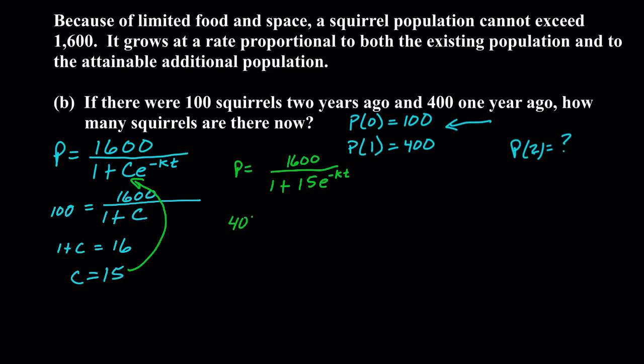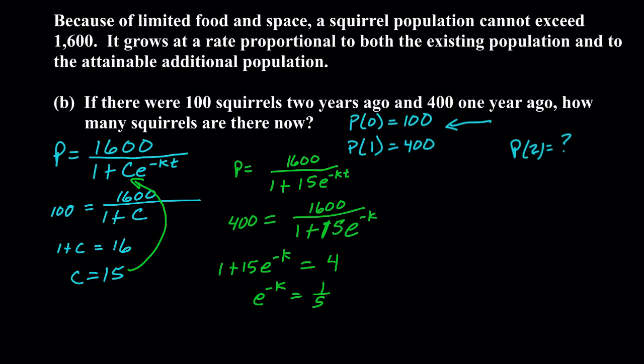So that's going to give us 400 is equal to 1,600 over 1 plus 15 e to the negative k times 1, which is negative k. All right, so solving, we're going to get 1 plus 15 e to the negative k equals 1,600 divided by 400, which is 4. Subtract 1 and then divide by 15. It's going to give you 1/5.